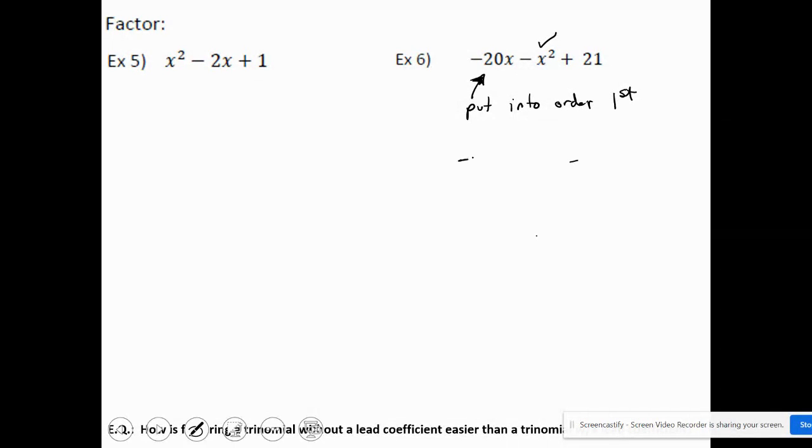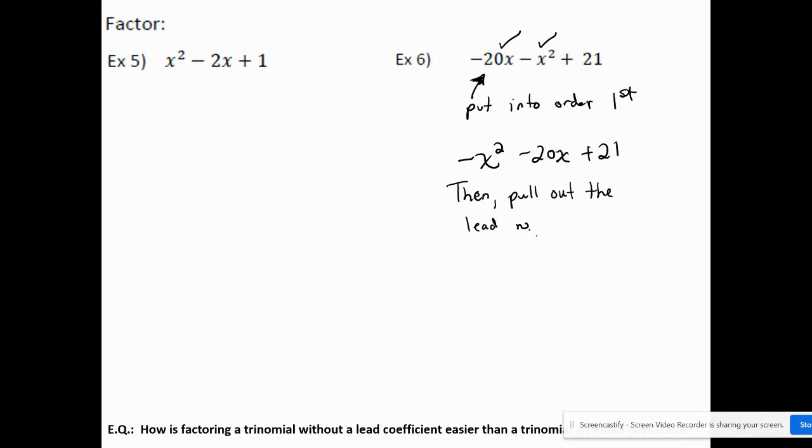So we would start with negative x squared, then negative 20x, and then positive 21. And then don't forget on example number 6 that you have to pull out the lead negative and finish with the magic x.